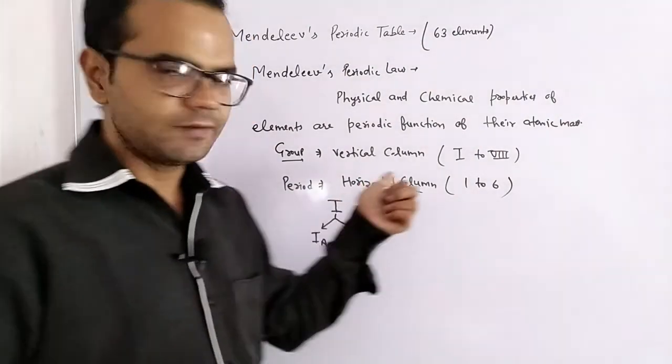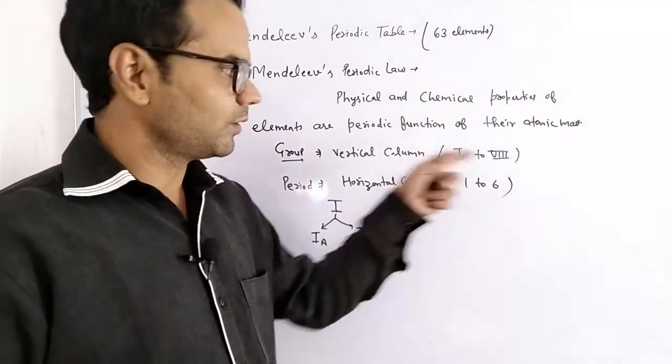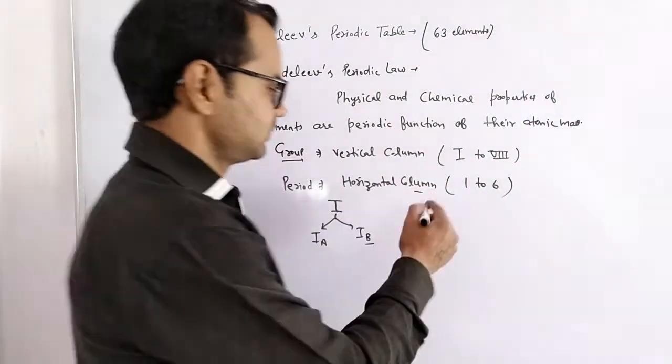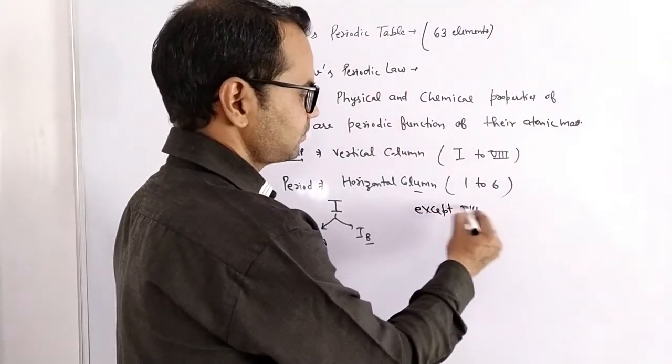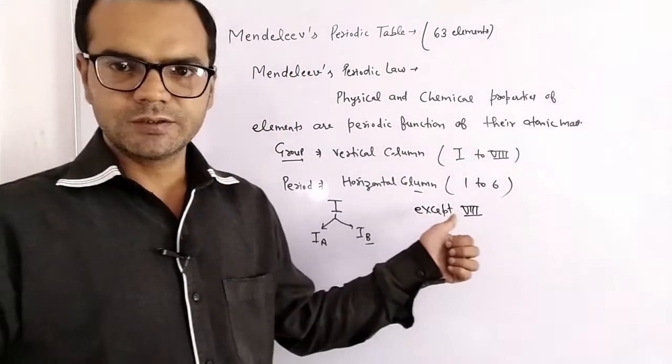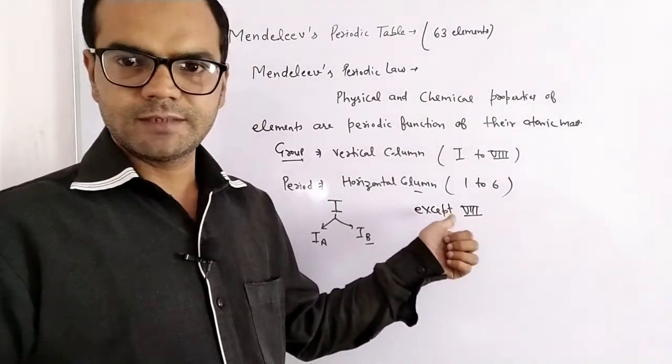So every group is further subdivided except group number 8. The eighth group was not further subdivided.